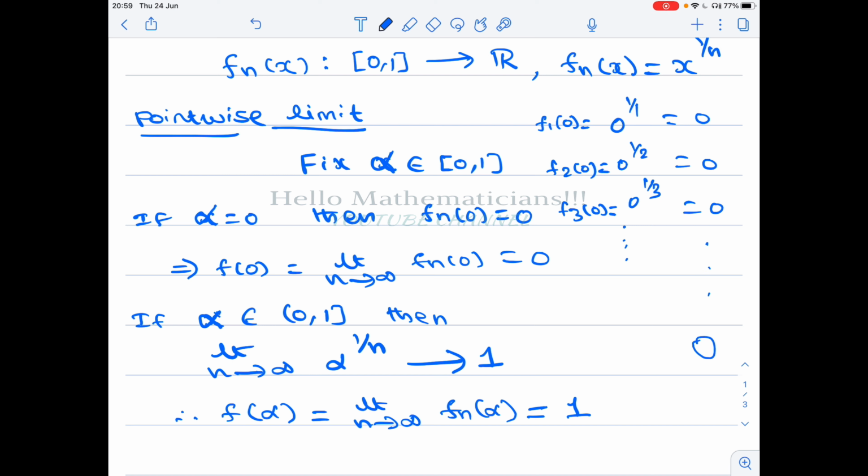So we get limit n tends to infinity fn of 0 equal to 0. That value is what we define to be f of 0. If the limit of this sequence is what we define to be f of 0, we get f of 0 equal to 0.